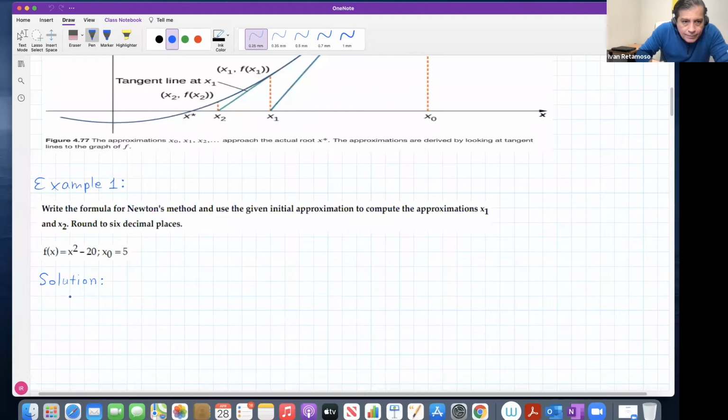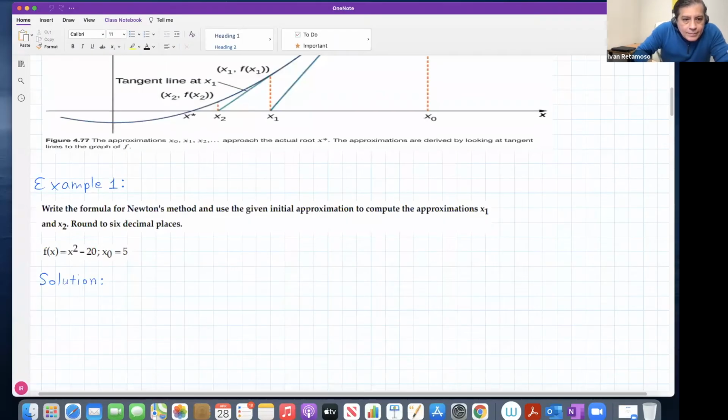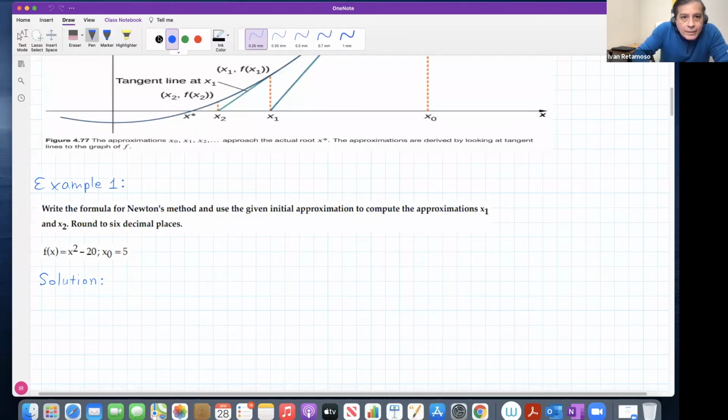Let me just write it again. xn plus 1 is equal to xn minus the function f evaluated at xn divided by the derivative of f evaluated at xn.